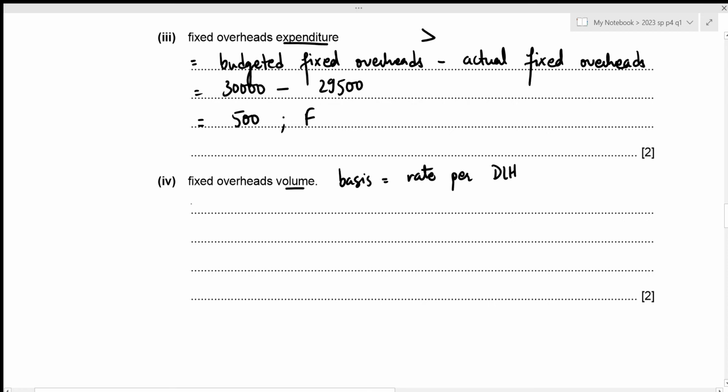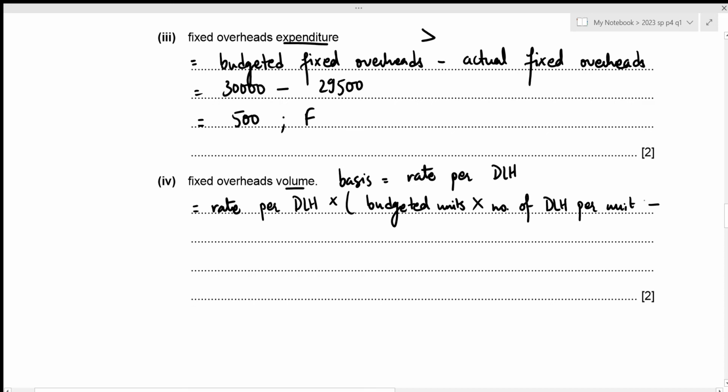So the formula is just going to be rate per direct labor hour times our budgeted units times the number of direct labor hours per unit minus actual units times number of direct labor hours per unit.